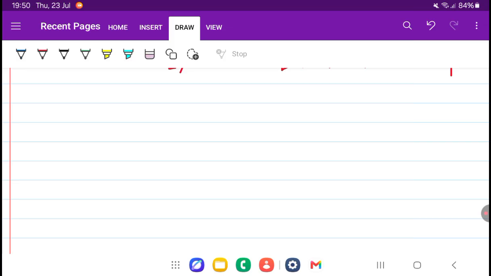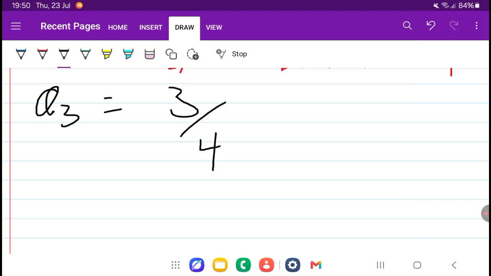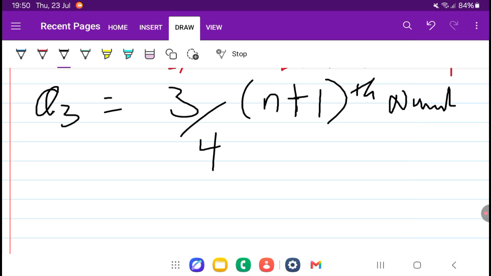So this Q3 looks at 3 over 4 times n plus 1. These are position nth number. The answer you get here is not the real answer. What you get here gives you the position where the answer lies.